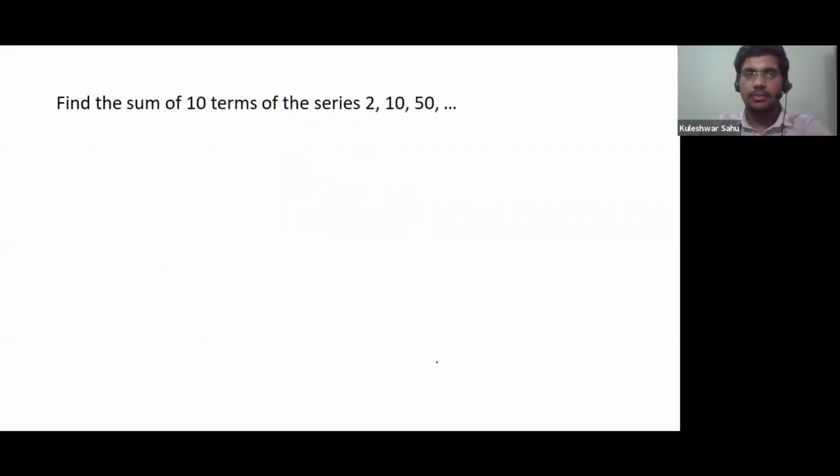Let's move to the next question. Question says, find the sum of 10 terms of the series 2, 10, 50, and so on. It is a similar series as the previous one. So a is equal to 2, r is the common ratio, 10/2, which is 5, and n is equal to 10.